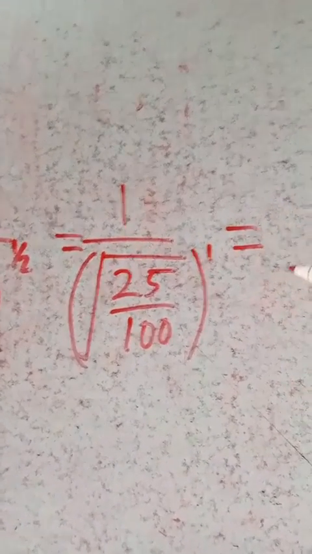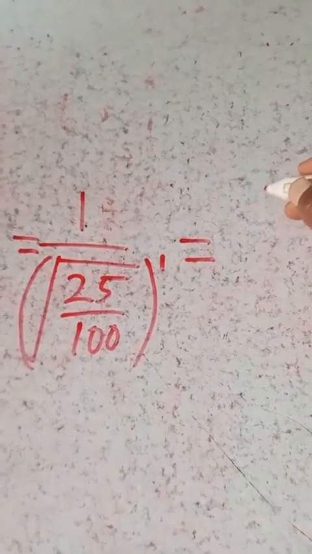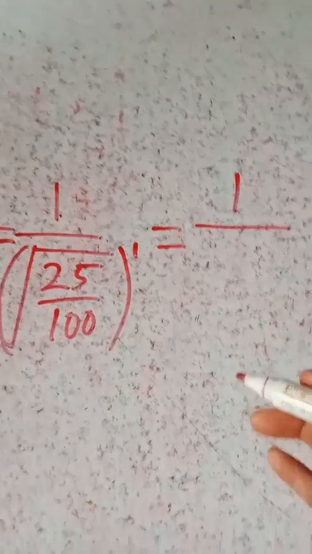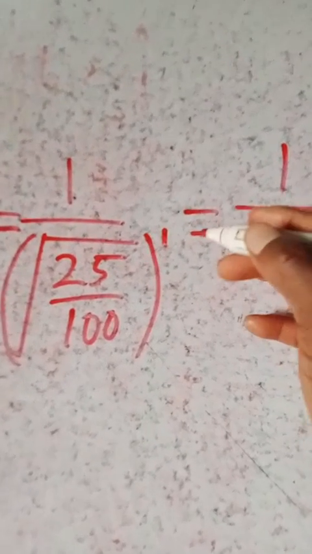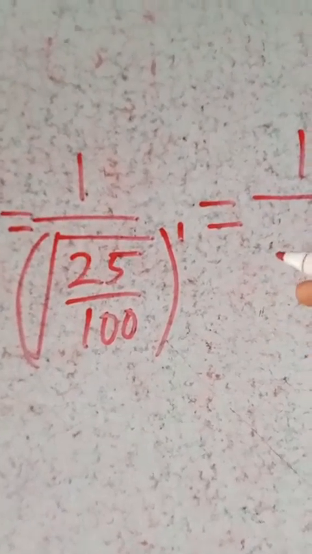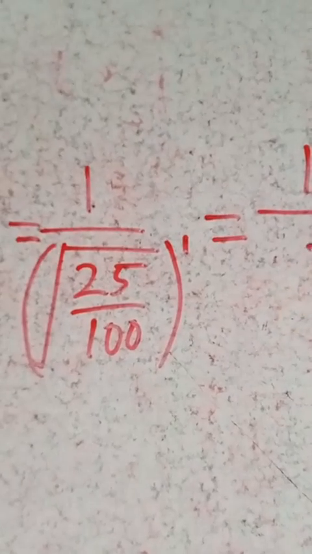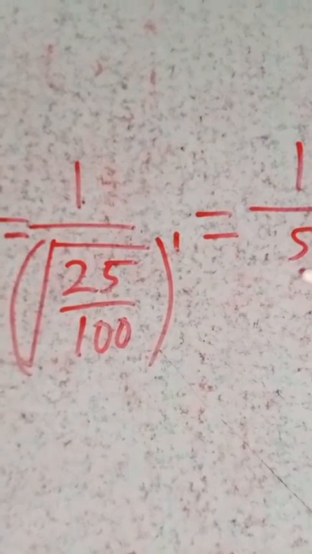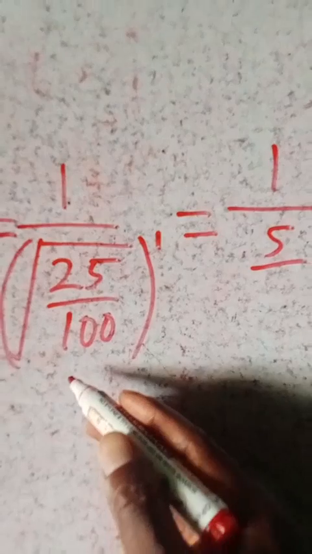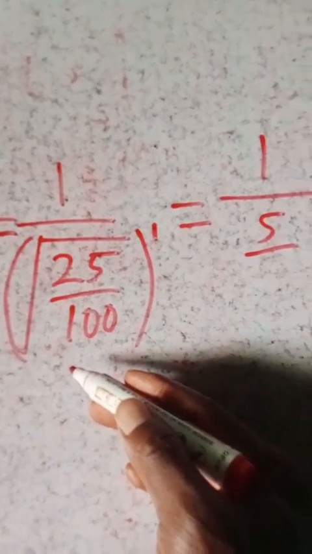The next thing, we still write our 1 all over. We find the square root of 25. Square root means what number can multiply itself twice to give you 25? It is 5. All over the square root of 100. What number can multiply itself twice to give you 100?